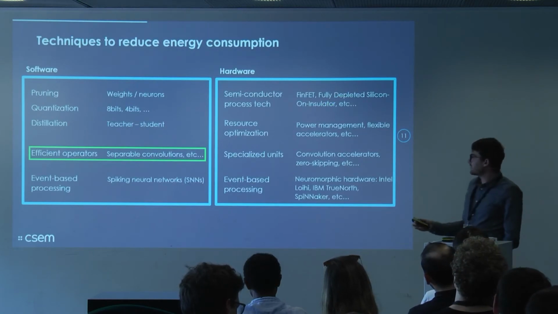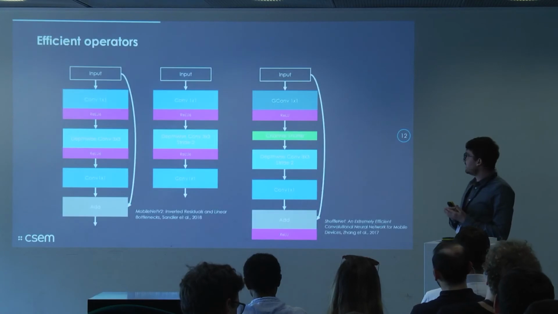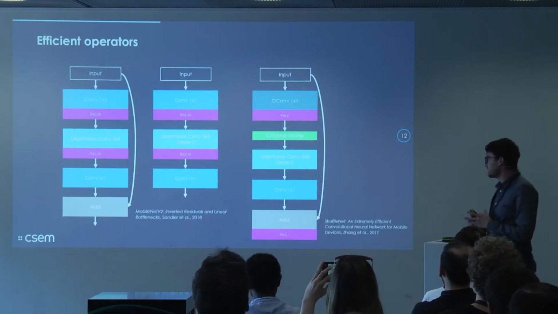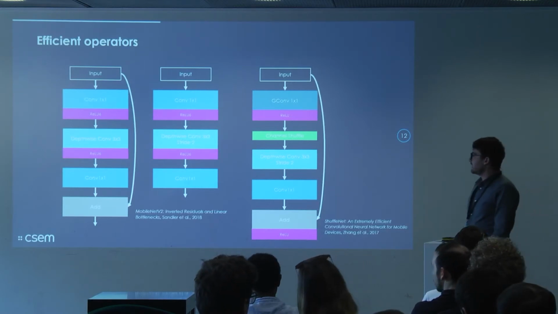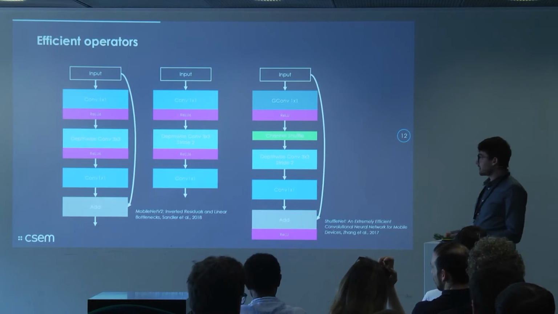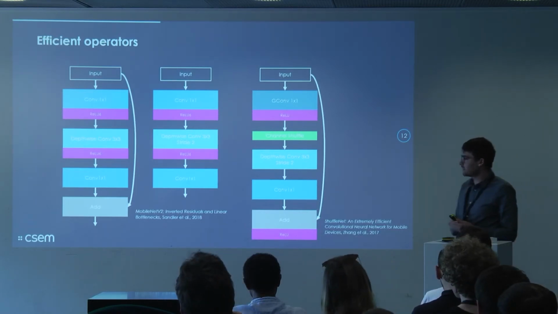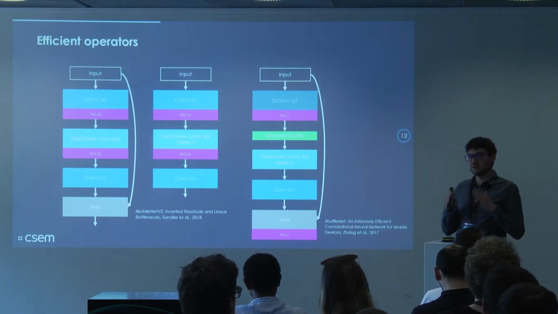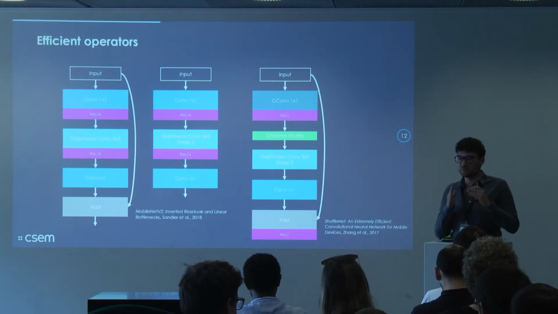Now, if I present the efficient operators, there are operators that have been developed since 2017 and 2018. In that case, I exploit the separable convolutions that are shown on the right. These special convolutions try to factorize the kernel of the convolution into not matrices, but two vectors.